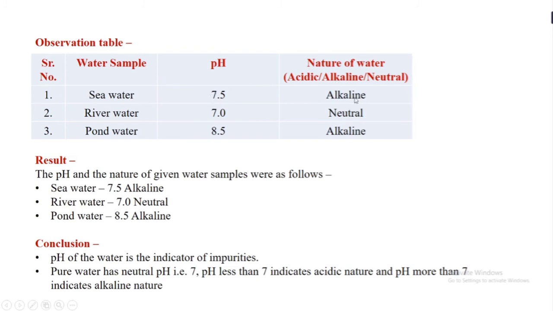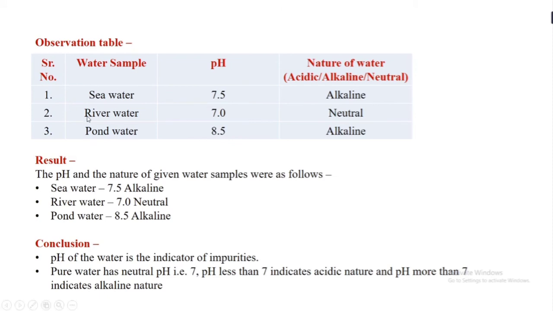Okay, and when we spoke about the principle, the expected range of the sea water pH is 8.1. So what we have got is 7.5. That means this sea water is slowly getting acidic. It is going towards acidic condition.